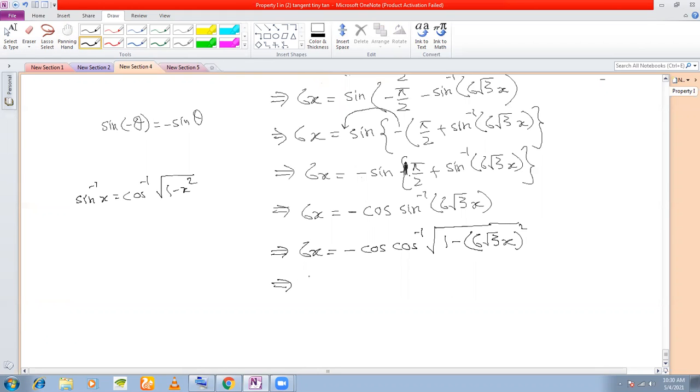That means 6x is equal to, cos and cos inverse will nullify each other, you get minus root 1 minus 108x square. Okay, now you square both sides to get 36x square is equal to 1 minus 108x square. So now 36x square plus 108x square will give you 144x square is equal to 1.